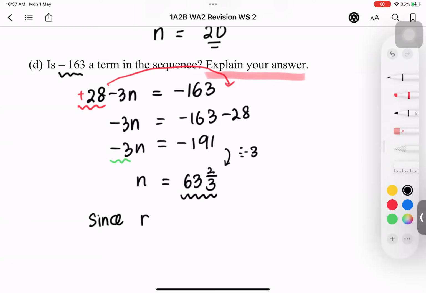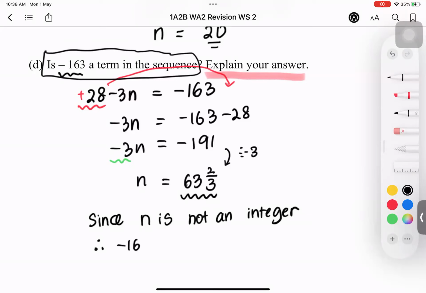So since n is not an integer, or if you cannot remember, you can write whole number. Very good. Therefore, copy the statement. Negative 163 is a term or not a term? It's not a term in the sequence. Correct. Not a term in the sequence.